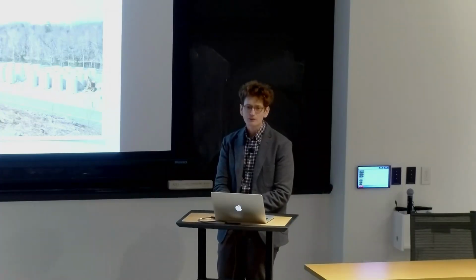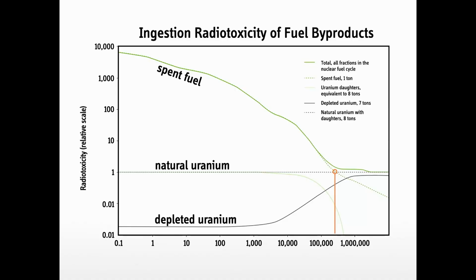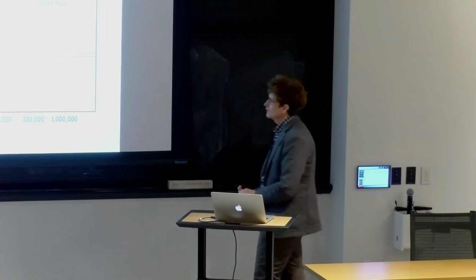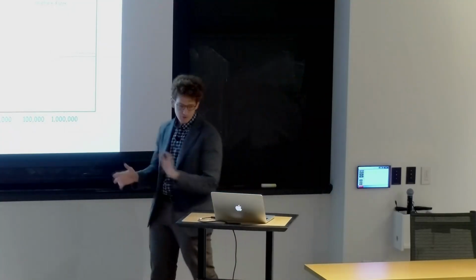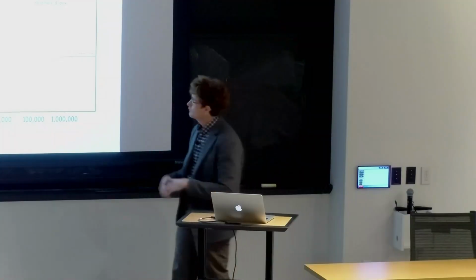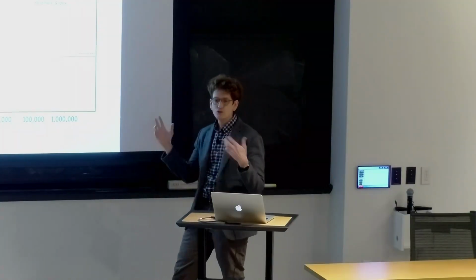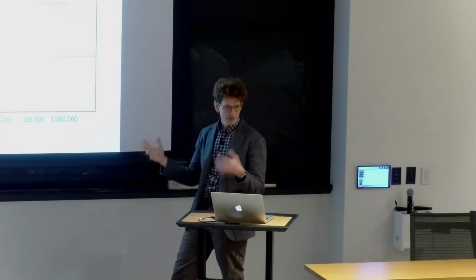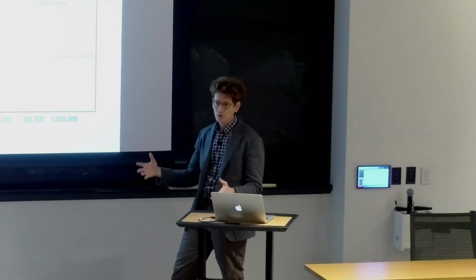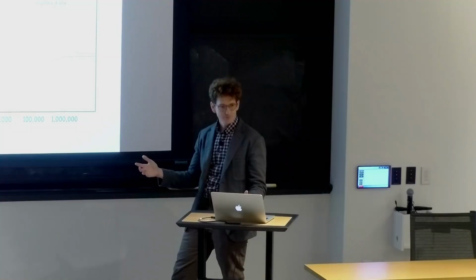How long do we really need to protect this stuff? Well, there are some crazy standards. Currently, the standard, and I'll tell you the exact standard in a little bit, but the view is the fuel should be no more toxic than natural uranium ore that you find in the ground.